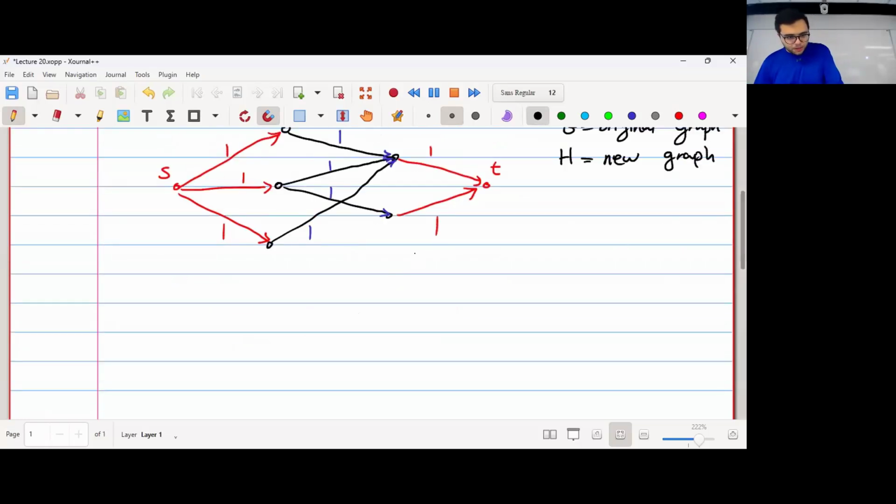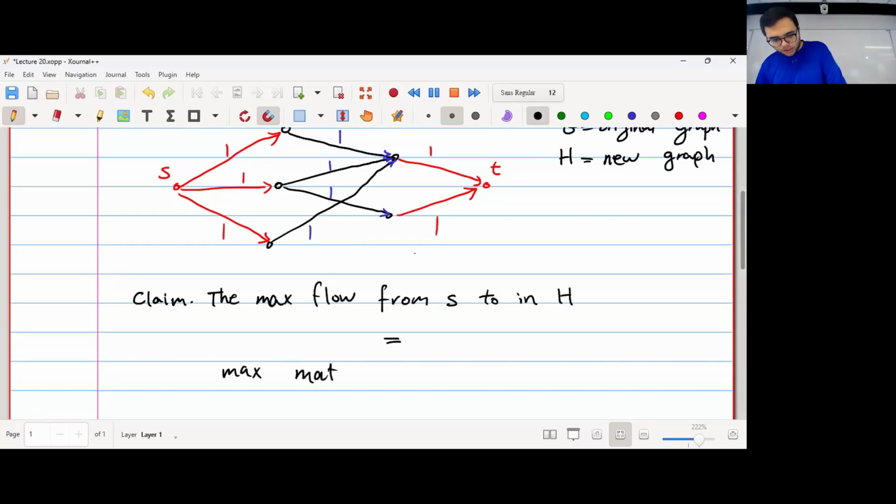So this is my claim. I want to say that the maximum flow from S to T in H is equal to the size of the maximum matching in G.